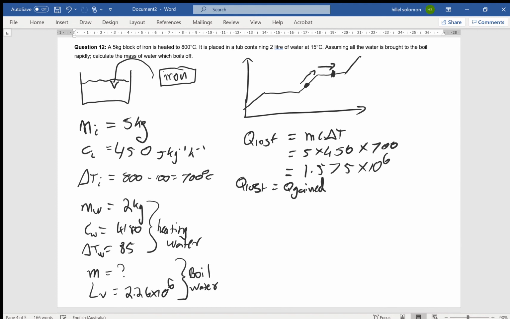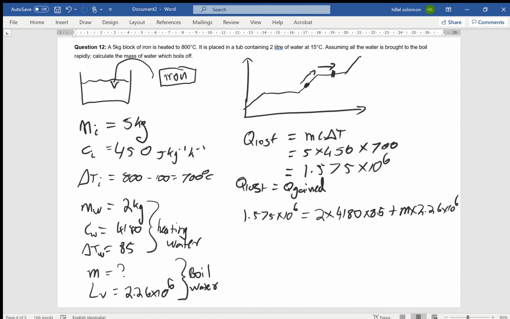Okay, so the Q gained by the water, 1.575 times 10 to the 6, that's equal to mc delta T, 2 times 4180 times 85, plus the mass that turns into steam times 2.26 times 10 to the 6.